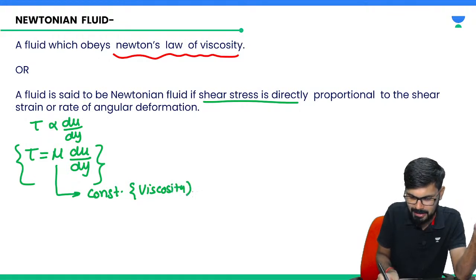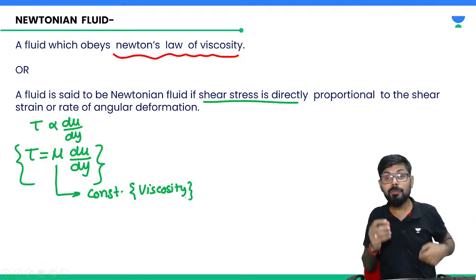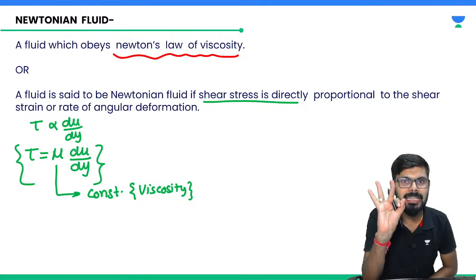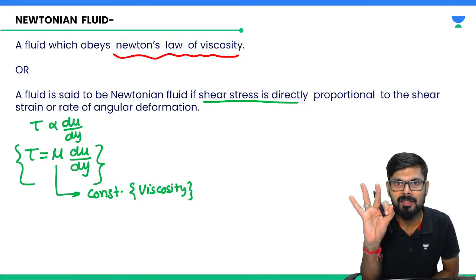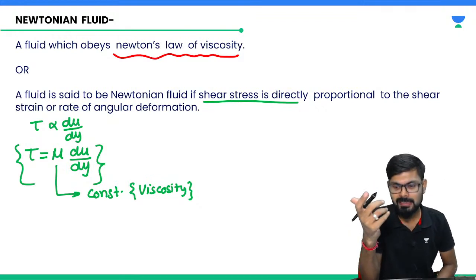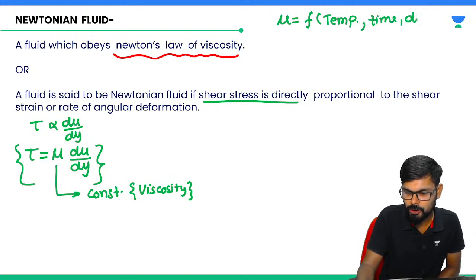Now please listen carefully. Here mu is a constant, but mu depends upon three things. The very first is temperature, then time, and then du by dy.